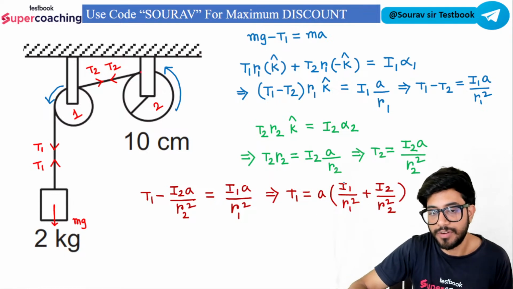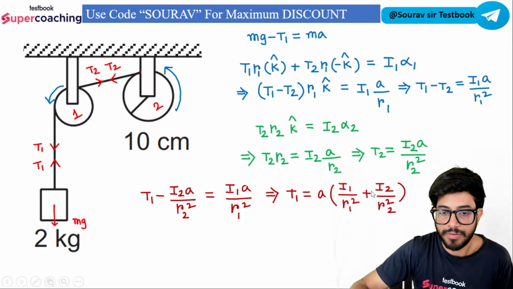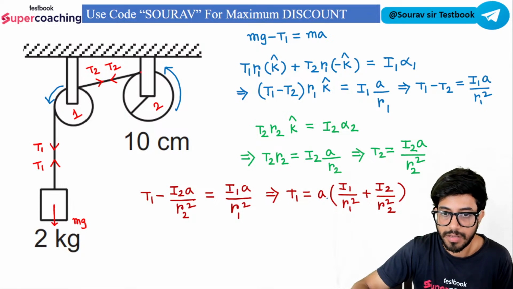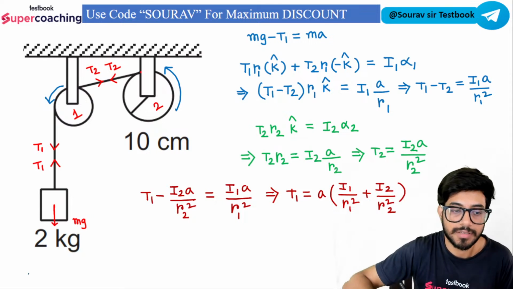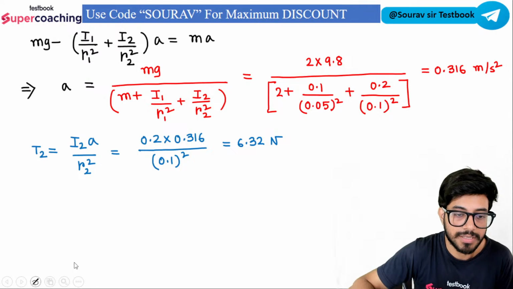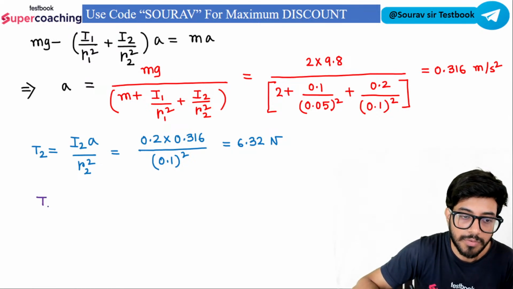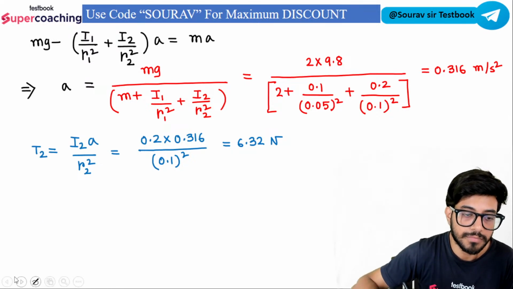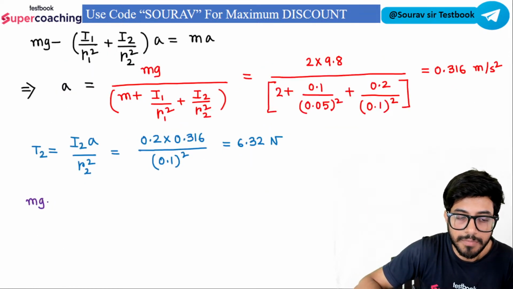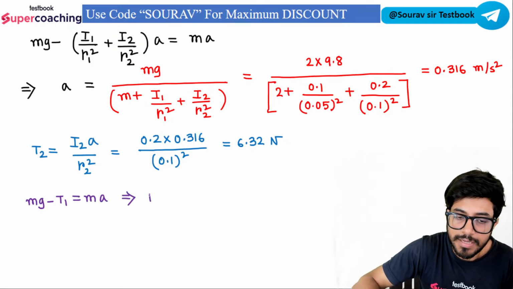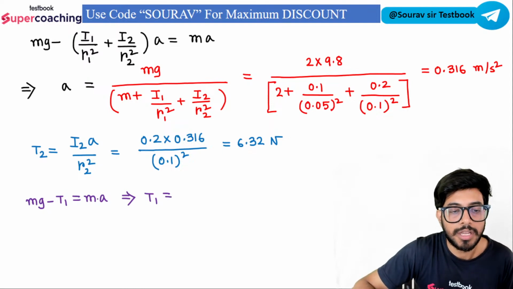Similarly, you can find T1 from this equation, or from this equation also. We know that mg minus T1 is ma. That implies T1 is equal to, bringing it to this side, m into G minus a.